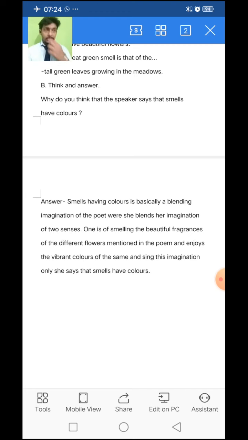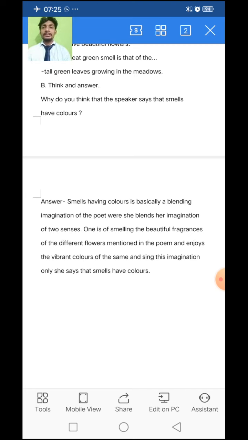In this poem, the poet has tried to blend her imagination of two different senses. That's what I have written. Let me repeat once again. Smells having colors is basically a blending imagination of the poet, where she blends her imagination of two senses.